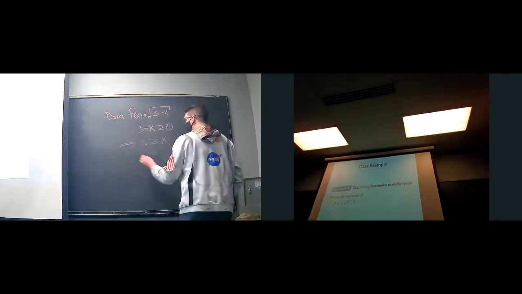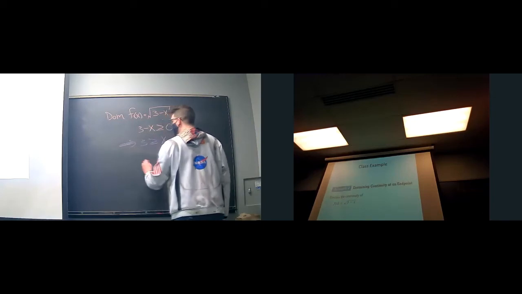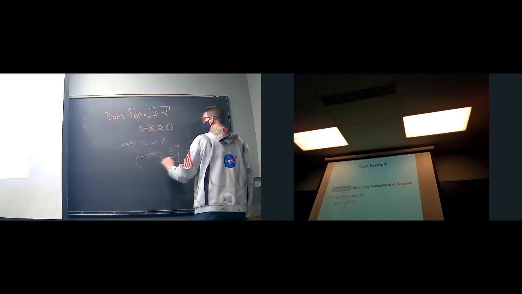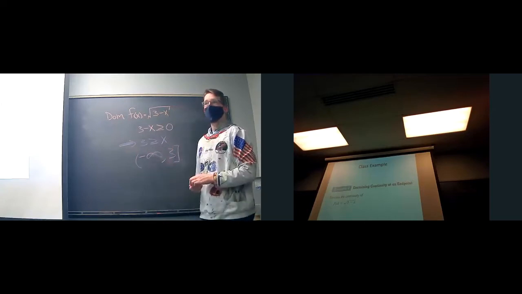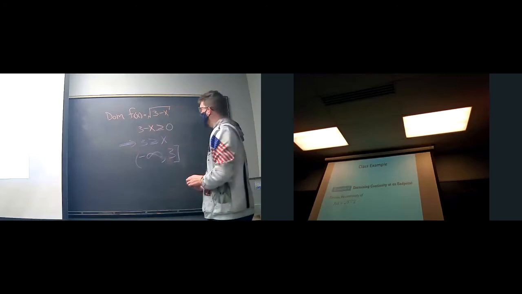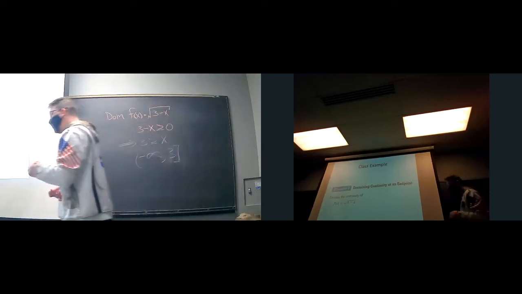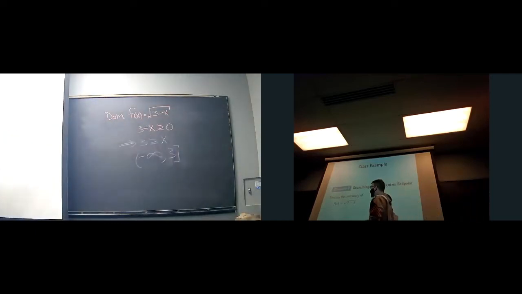That then means that our function is going to be restricted to just the domain from negative infinity to 3. So if we want to talk about the continuity of this, we have to talk about it in terms of this interval, right?